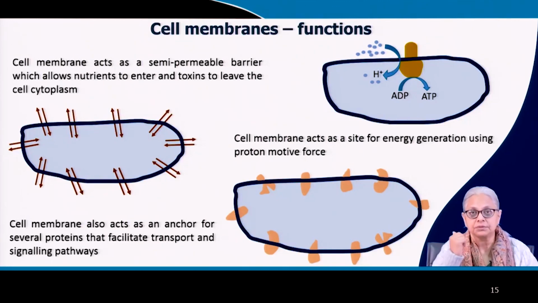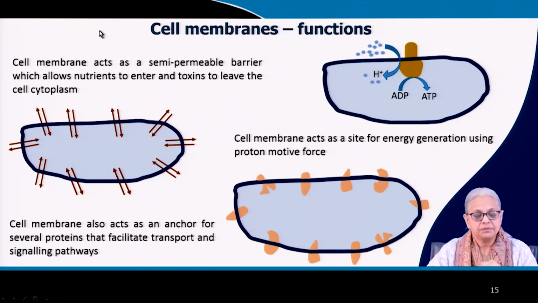What are the functions of the cell membrane? The cell membrane acts as a semi-permeable barrier. I use the word semi-permeable because it's the phospholipid bilayer that won't allow anything to come in and out. It has become completely clear that nothing can pass through, literally, and maybe only gases like oxygen may be the only things that can pass through this phospholipid bilayer.